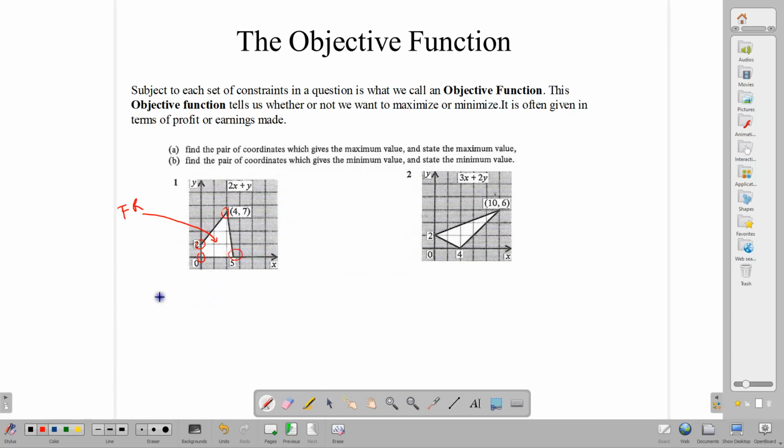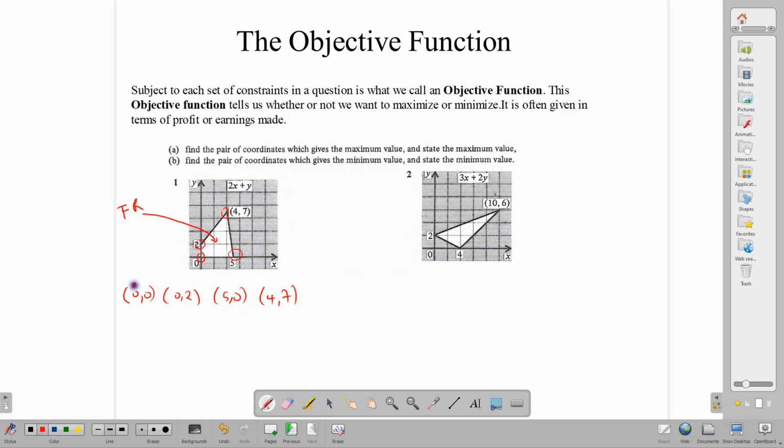So this first one here is 0, 0. The second one here is 0, 2. This one here would be 5, 0. And this one up here is already written down for us. It's 4, 7. So if we are going to maximize and minimize, then what we do is take these values and plug them into the objective function.